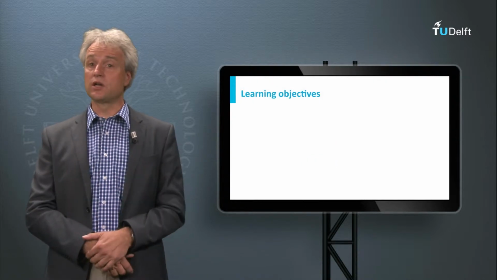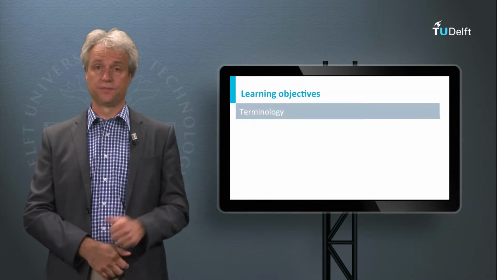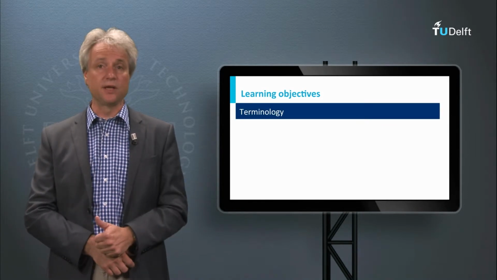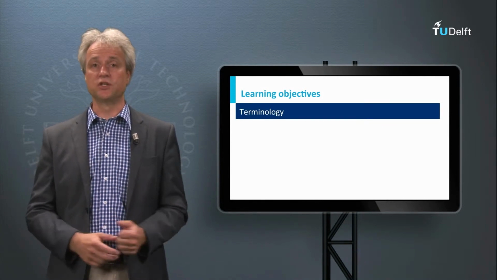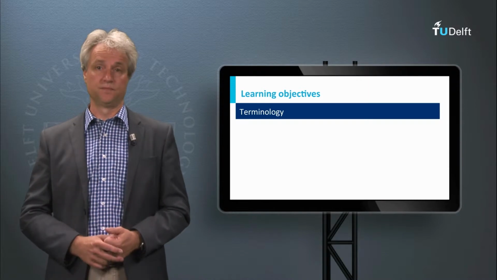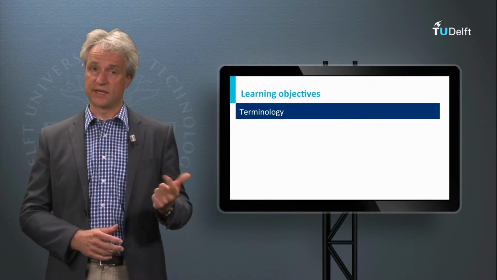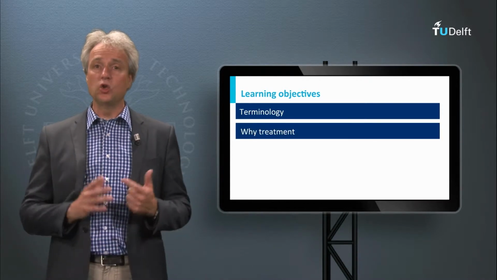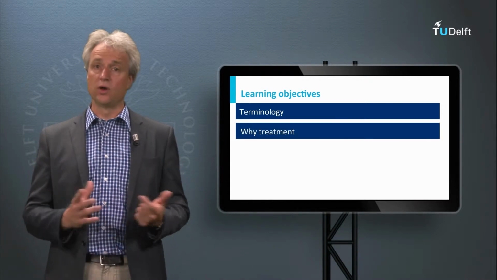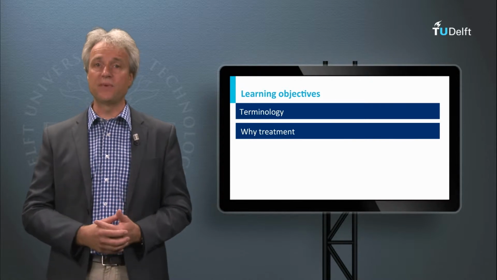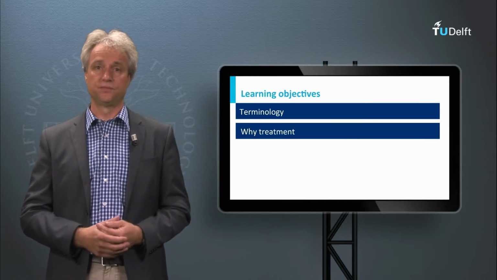What will we learn in the coming lectures? First, as in any disciplinary field, wastewater treatment engineering has its typical terminology. We need to acquaint ourselves with this terminology. Second, why do we need to treat these waters? Or in other words, what is their environmental impact when they are discharged untreated?